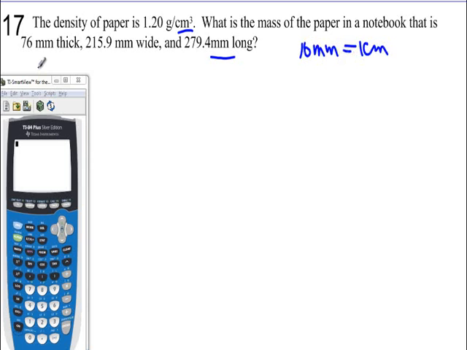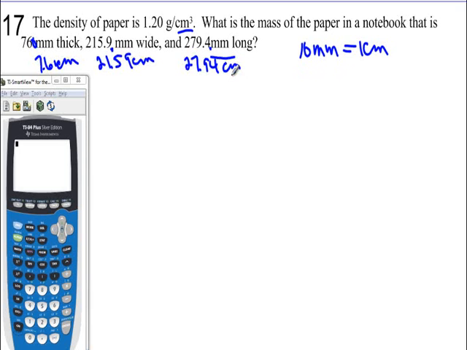So, easy thing I can do is just move the decimal point over. Whoops, I went the wrong way. So it's going to be 7.6 centimeters, 21.59 centimeters, and 27.94 centimeters.